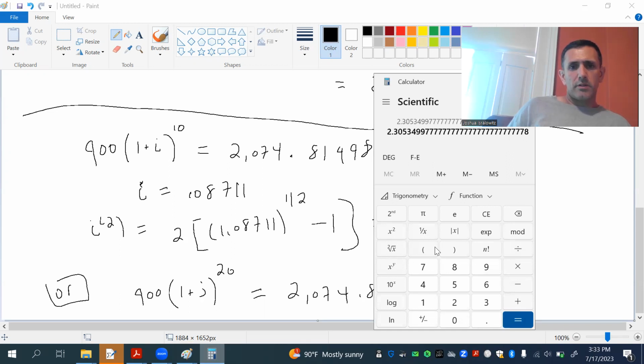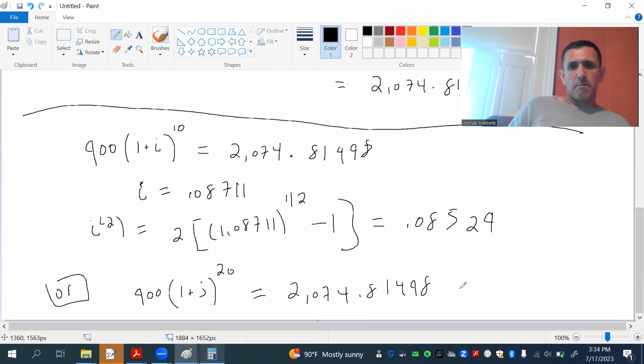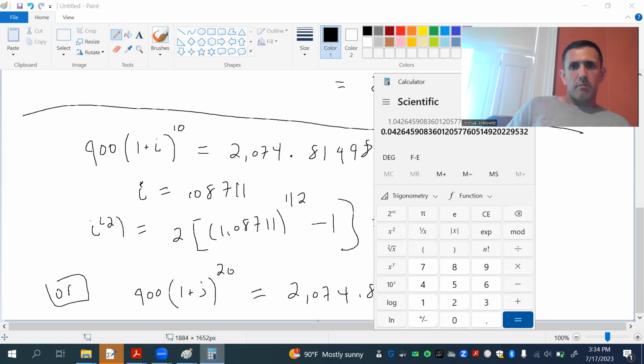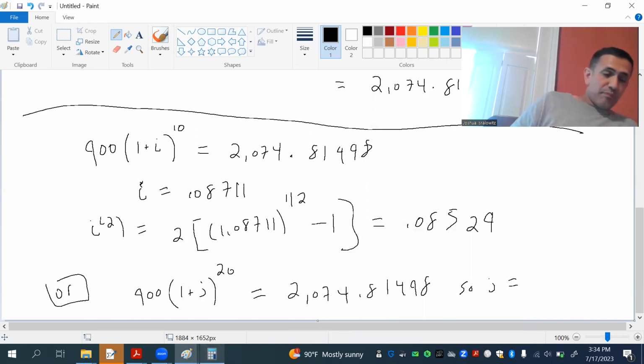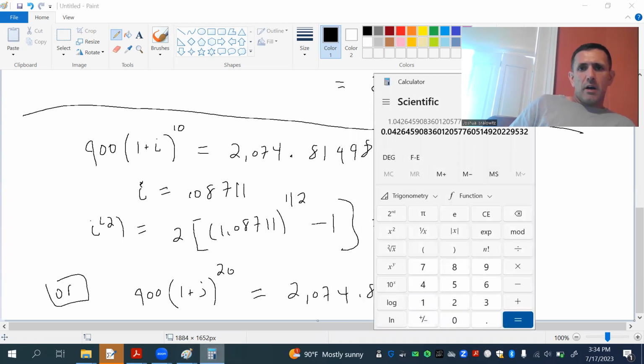Okay, so raise this to the 1/20, which is 0.05. Okay, so this is my 6-month interest rate, the equivalent 6-month interest rate for this 10-year period, 0.042646.